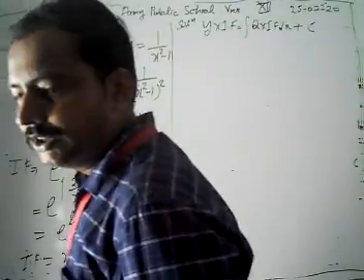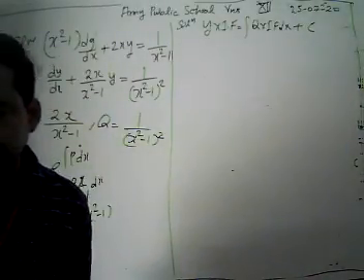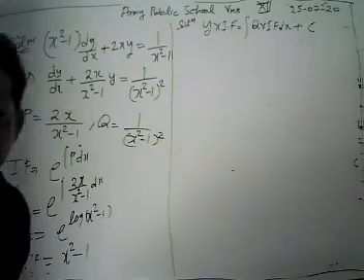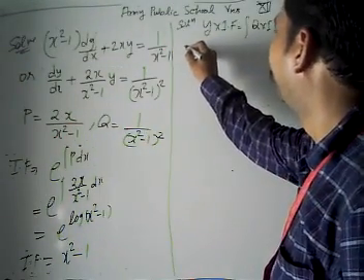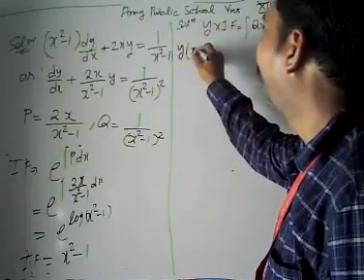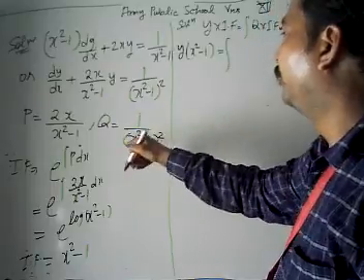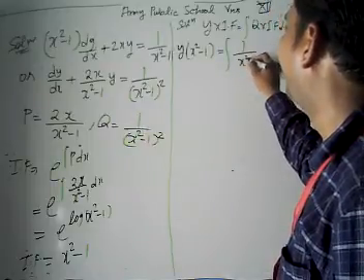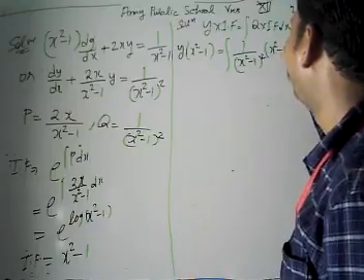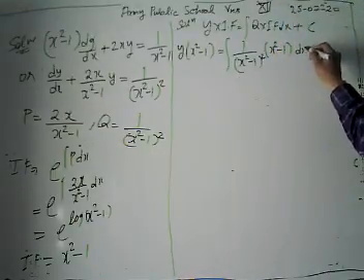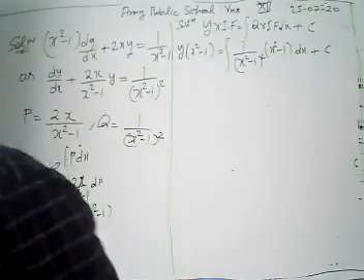Our IF is x square minus 1, so our solution is y into (x square minus 1) equal to integration of 1 upon (x square minus 1) whole square into (x square minus 1) dx plus c. Now we are putting the value of IF there.